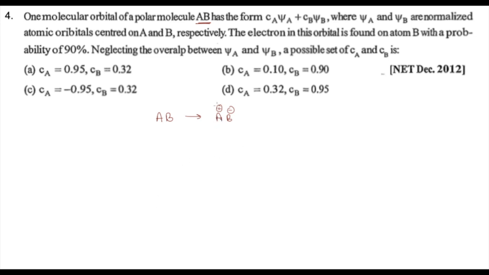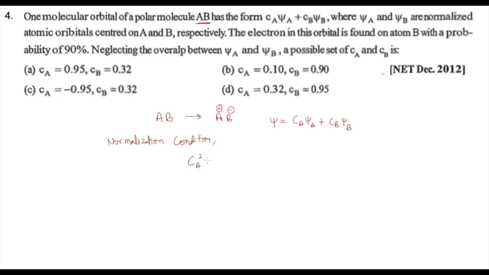Alright, since it is given that the wave function is Ca psi A plus Cb psi B, that is the wave function. Now we know the normalization condition. It says that psi A and psi B are normalized atomic orbitals, right?